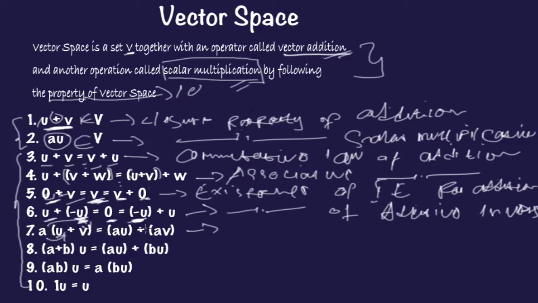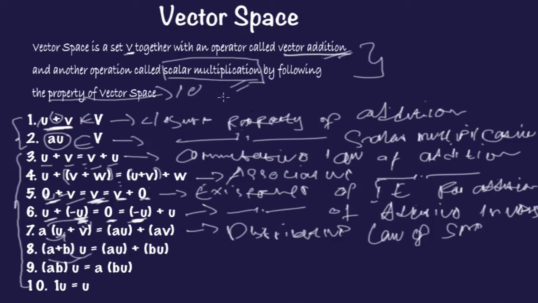It has to be au plus av, and we know it as the distributive law of scalar multiplication. Then we have a plus b times u, which is au plus bu.